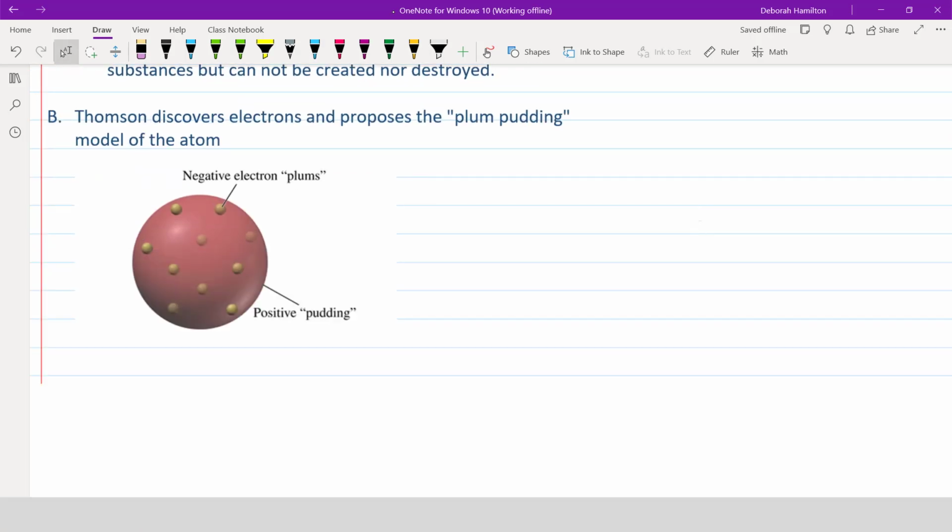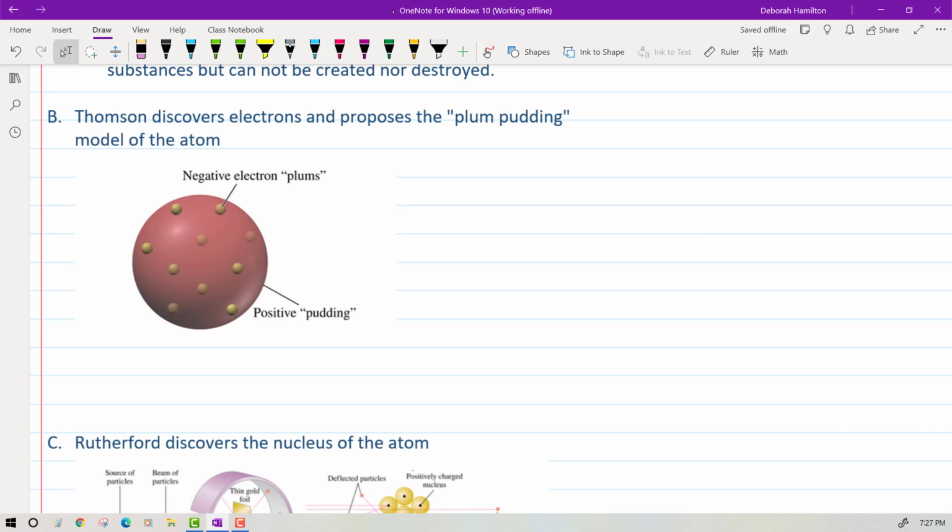That's 1800. Thomson is around 1900s. The date's not on here, but this is 100 years later when we now know about subatomic particles. He discovers the electron by using what they call a cathode ray tube, and you can see some of that in your textbook.